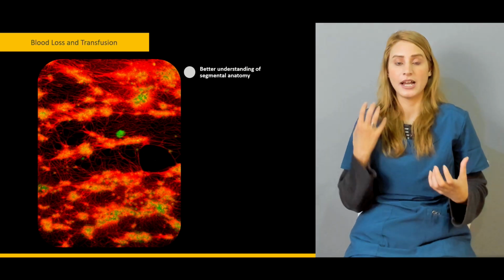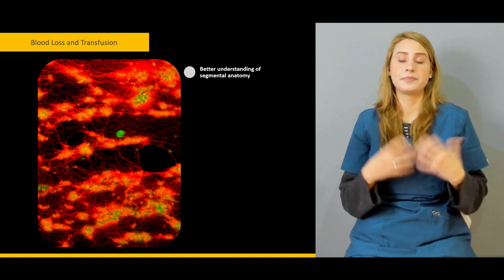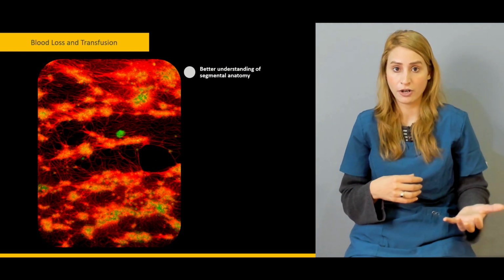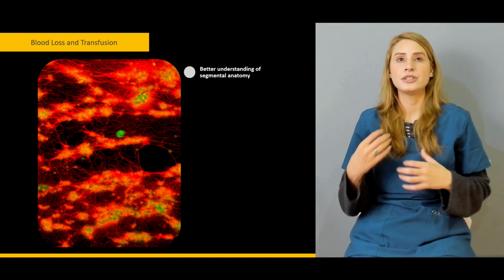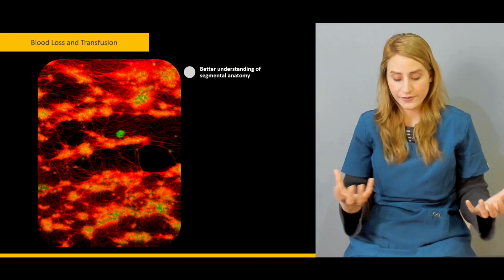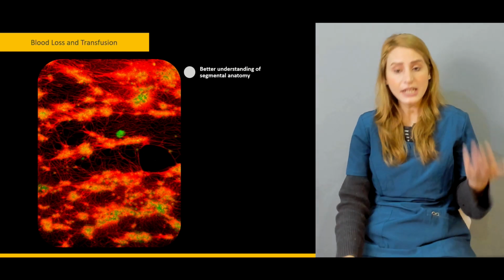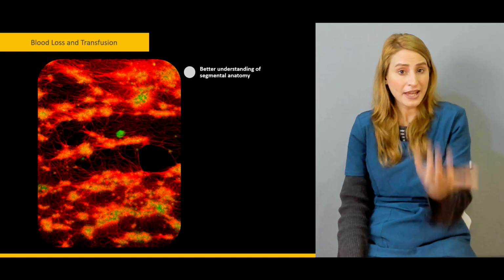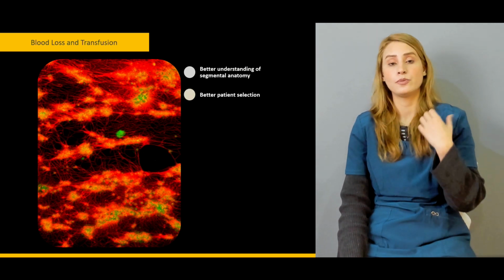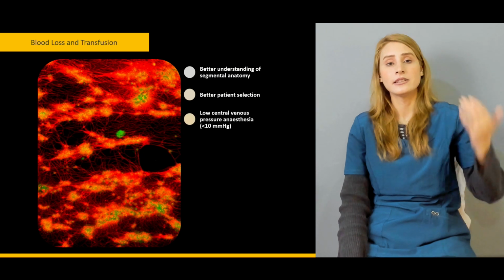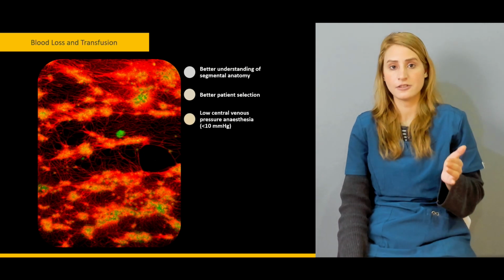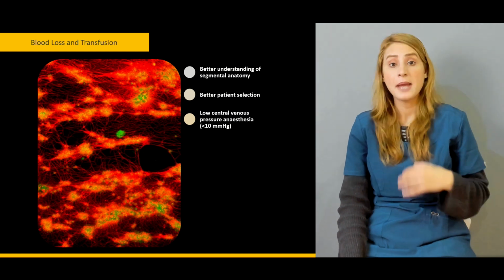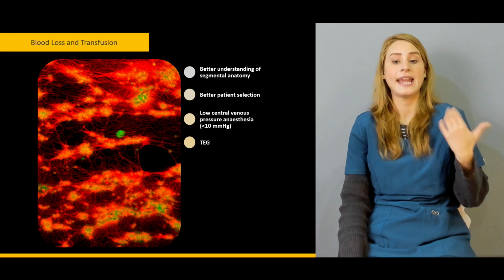But if you are in a specialist surgical setup, in which you need to save the life of the patient, then you have to keep better surgical anatomy in view, better segmental anatomy, not do the dissection in the vascular plane, keep CVP pressures low, and select the patient better.